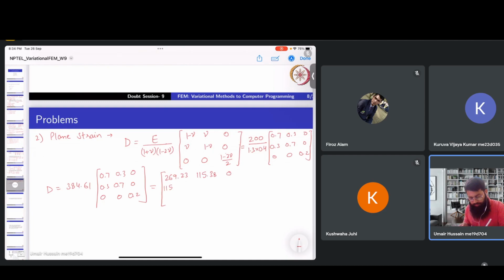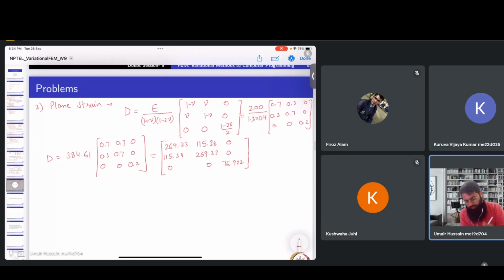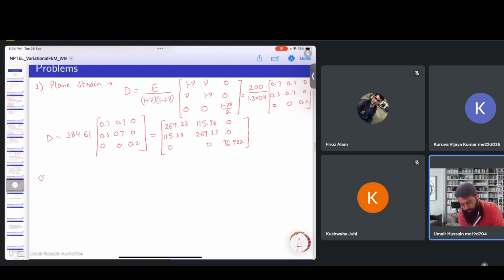This is 115.38, 269.23, 0, 0, 0, and multiplied by 0.2 this is 76.92. So now what is the stress here?